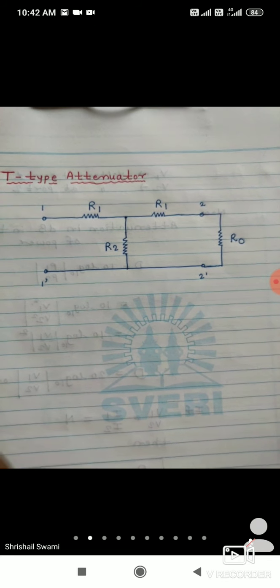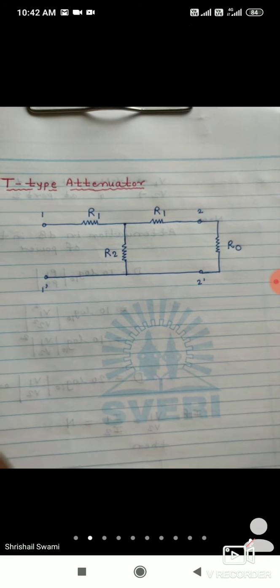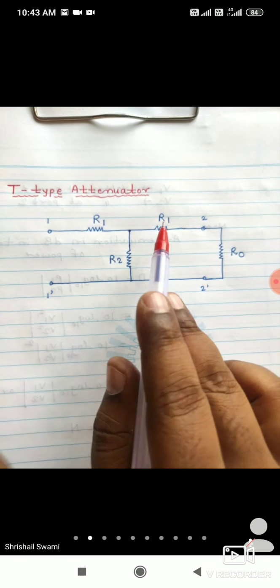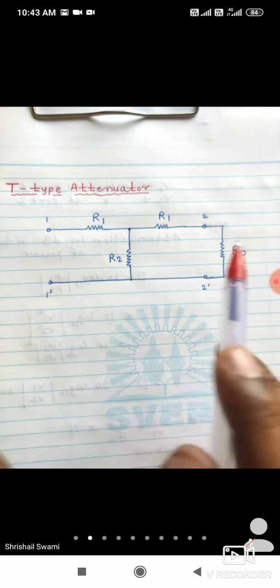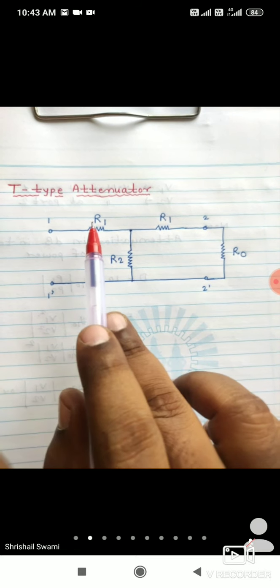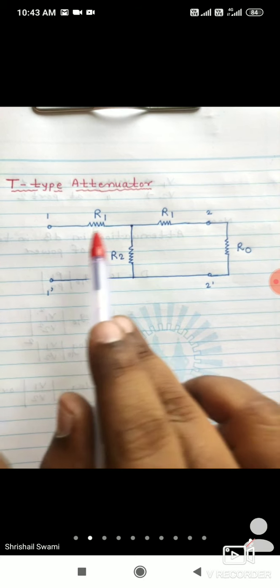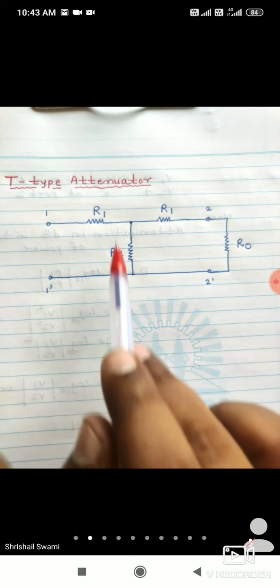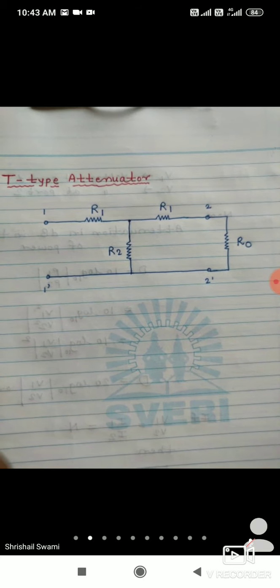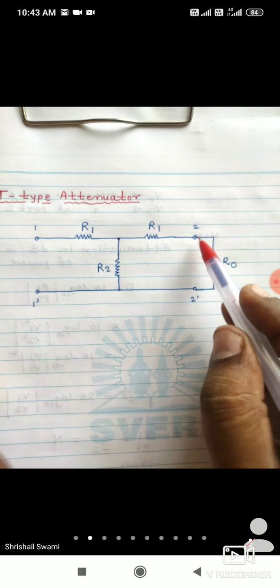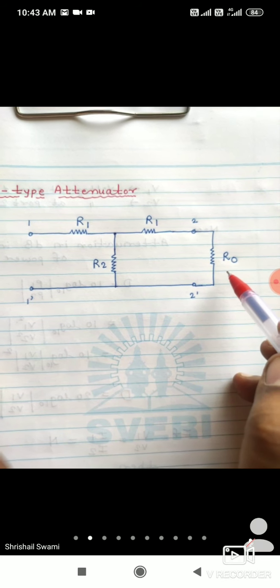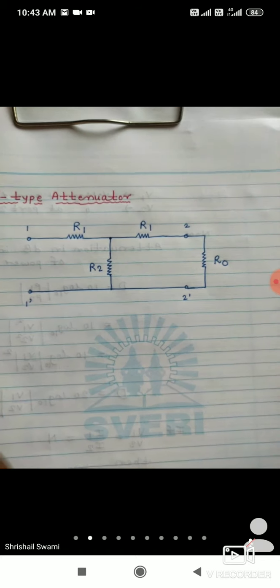Understood? So we are going to start with the help of a diagram. The diagram is easy to remember. For the T type you can draw R1, R1 and R2. Always remember, for any network, T type, pi type, lattice, in the series arm R1 is always there and in the shunt arm R2 is always there. That is simple to remember. And the second port is terminated with the characteristic impedance R0.